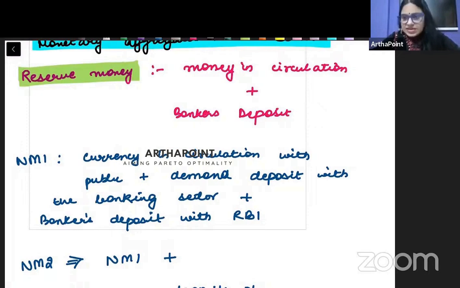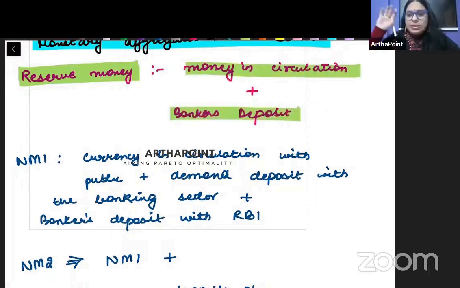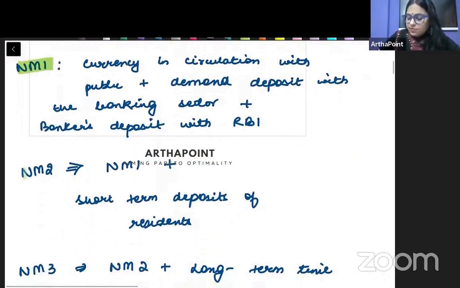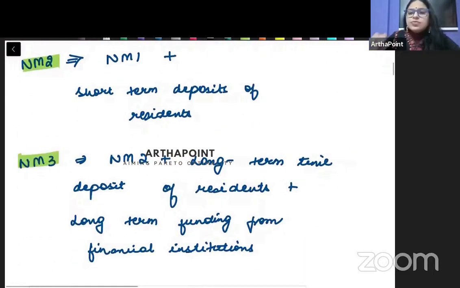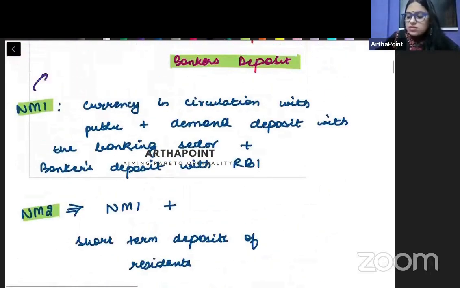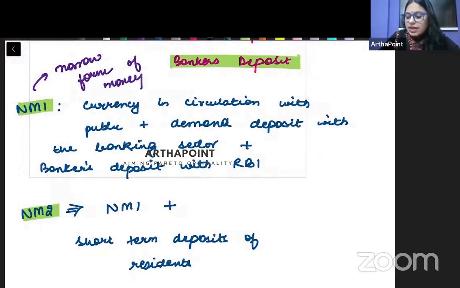Reserve money means base. Reserve money means money in circulation plus the bank deposits. And then we had these concepts of NM1, NM2 and NM3. अब NM1 क्या था? NM1 was called the most narrow form of money.